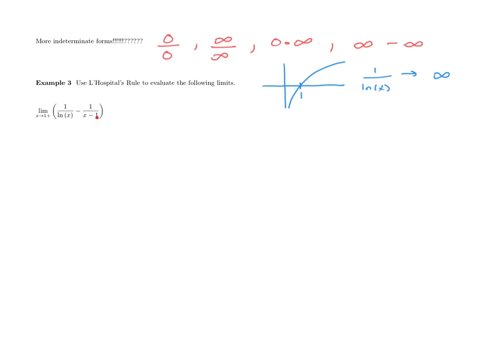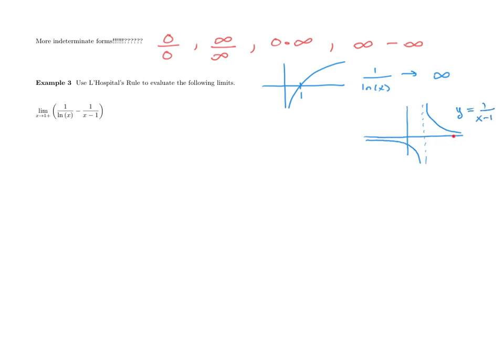Now, what about this? 1 divided by x minus 1. I think I'll actually just look at a graph of this whole thing. I'll put that over here as well. So this is the function 1 over x, but it's shifted one place to the right. So we have a function that looks like this. This is y is equal to 1 over x minus 1.